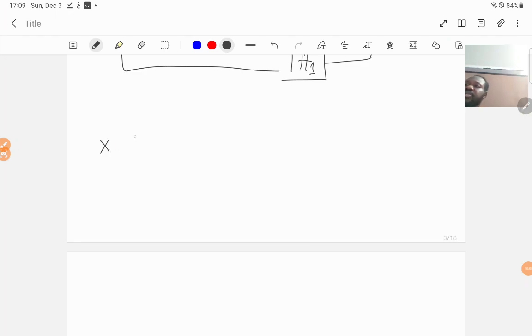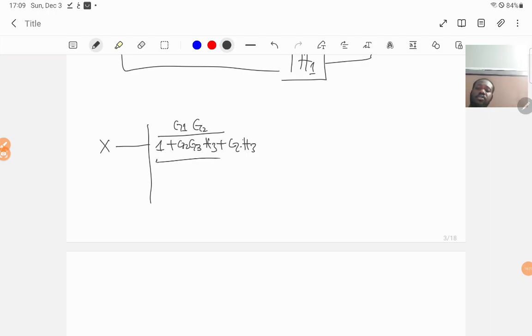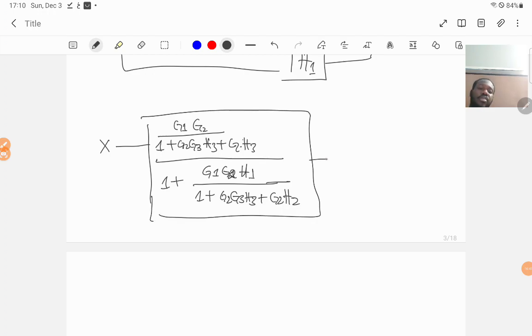So our x will be, if we involve the g1, here we'll have g1 g2 over 1 plus g2 g3 h3 plus g2 h2, divided by 1 plus the transfer function g1 g2 h1 over 1 plus g2 g3 h3 plus g2 h2, without forgetting our g3 that we have in here and h1.